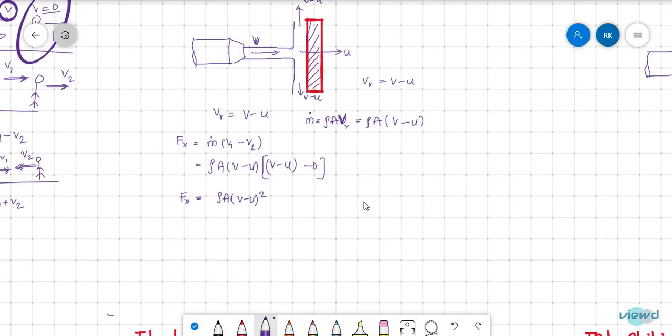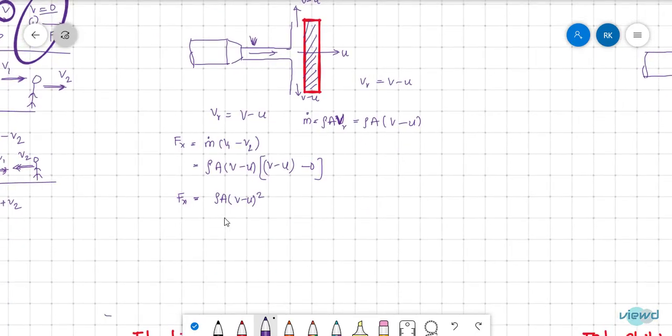In case of fixed plates, the work done was 0. But in this case, due to the impact, this plate will be moving, so there is work done. What is the work done per second? Work done per second is equal to Fx into distance moved divided by time.